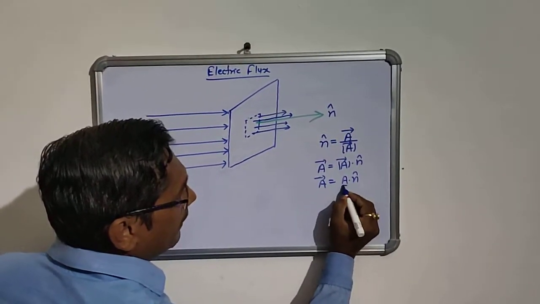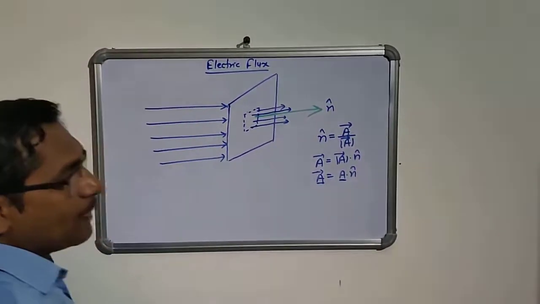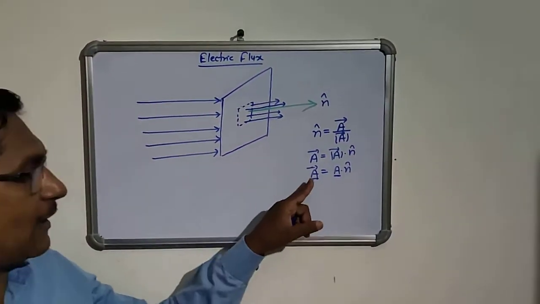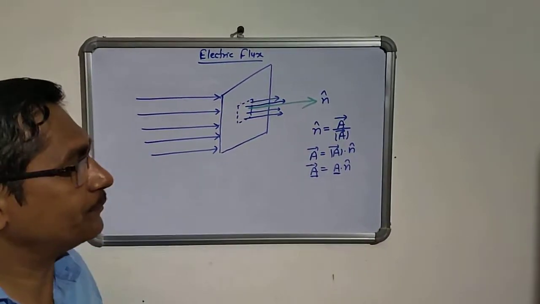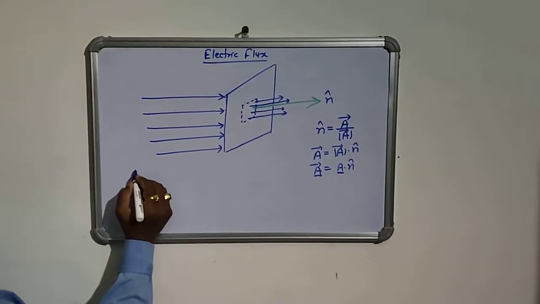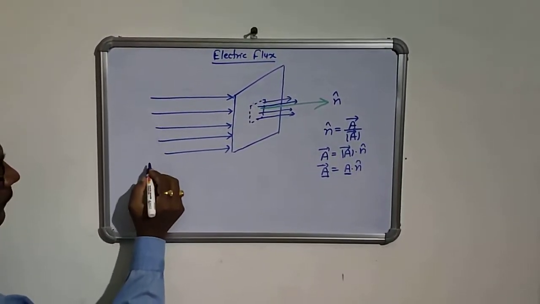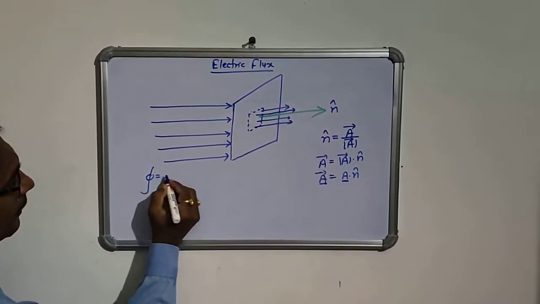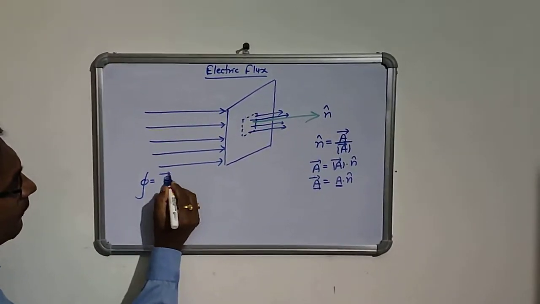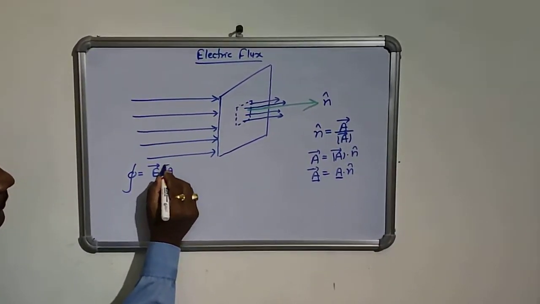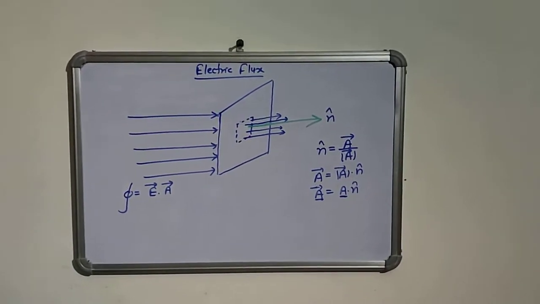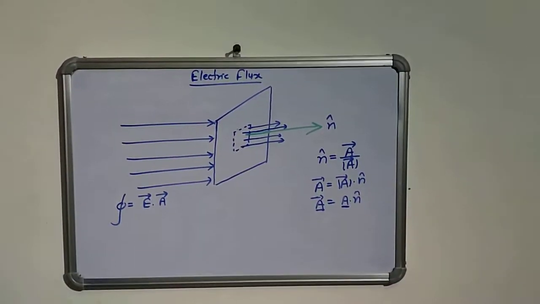Now this scalar area is converted into a vector quantity, and the direction of this area vector is along the normal. So we can say electric flux is a dot product of electric field, a vector quantity, and area vector, and flux is a scalar quantity.